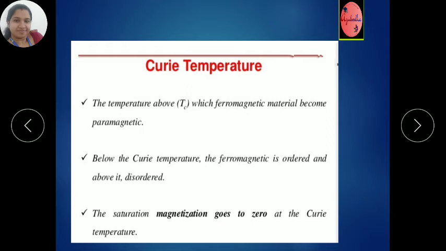That means the ferromagnetic material changes to a paramagnetic material. Below the Curie temperature, the ferromagnetic are ordered and above it is disordered. So the saturation of magnetization goes to 0 at Curie temperature. So Curie temperature is an important point.